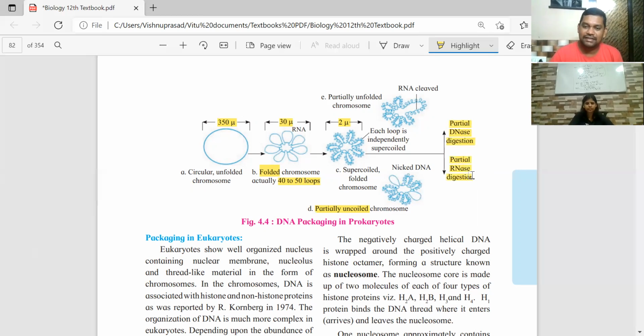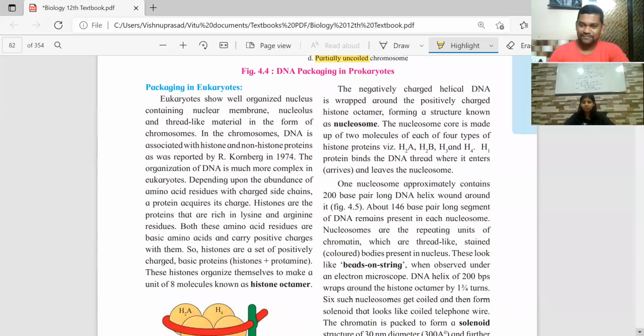That's how the packaging is carried out in prokaryotes. So that was about prokaryotes, how the DNA is packaged and kept inside the nucleoid.